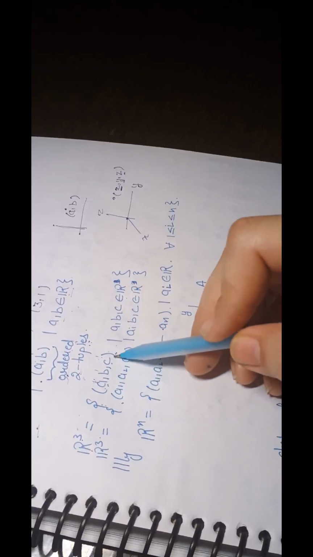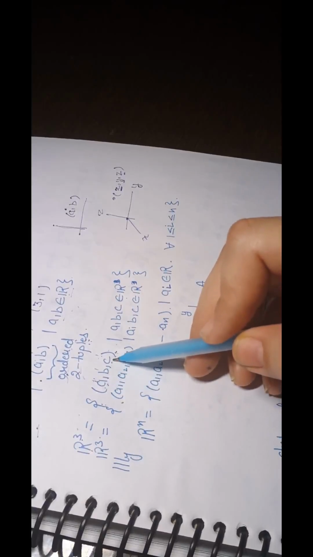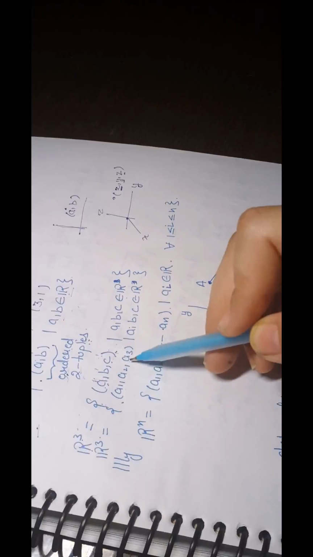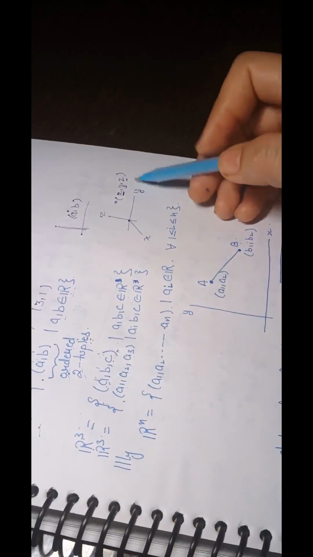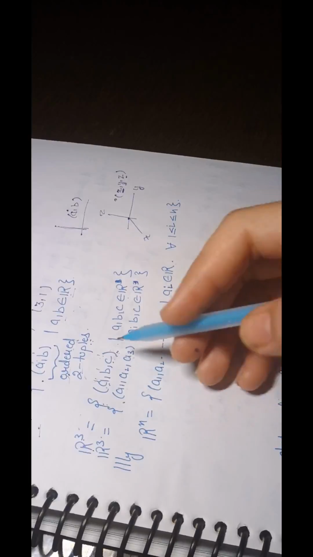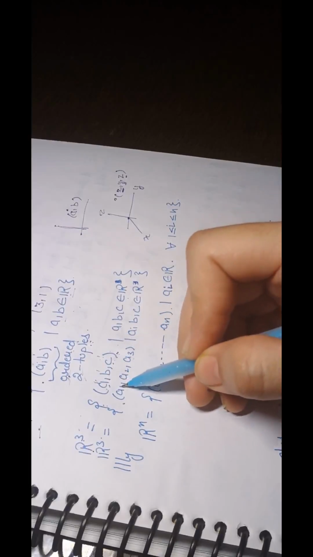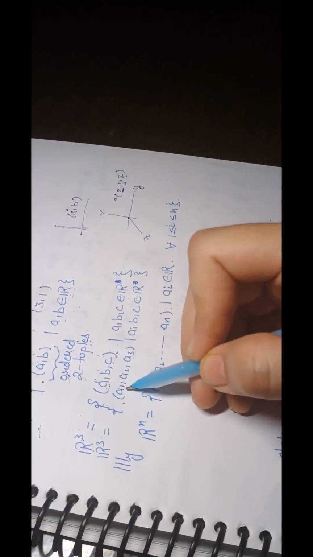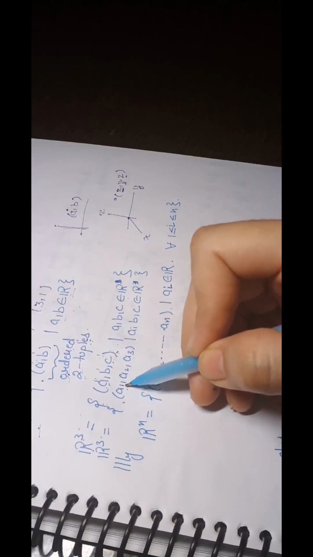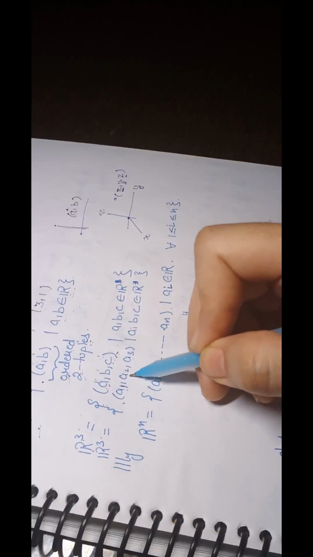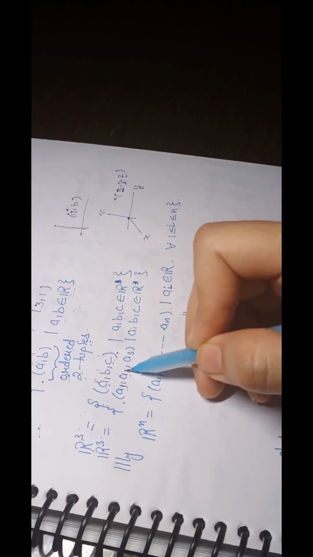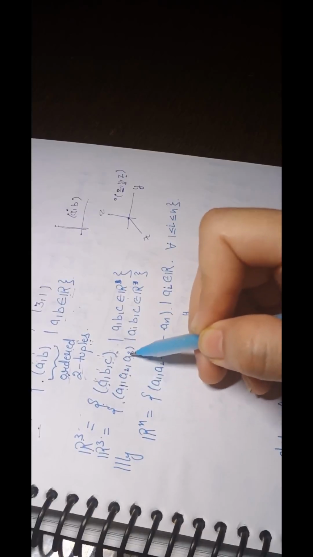Can I write A comma B comma C as A1, A2 and A3? This is just a notation. Here we have given an index. The element in the first coordinate, we have given the index 1. Element in the second coordinate, we have given the index 2. Element in the third coordinate, we have given the index 3.